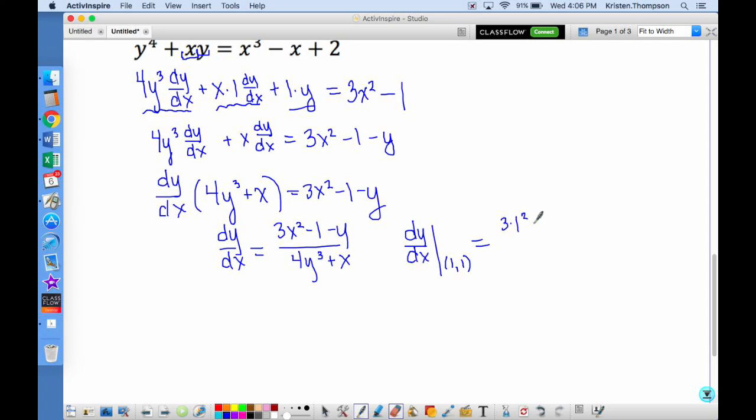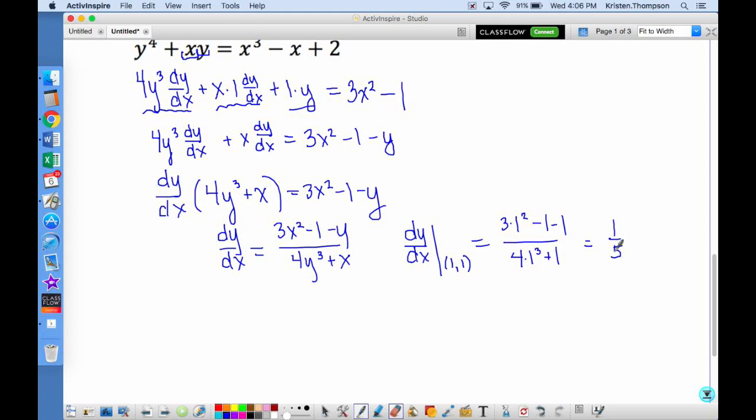3 times 1 squared minus 1 all over 4 times 1 to the third plus 1. Evaluating and simplifying, we end up getting 1/5. This gives us our slope value, and our point was actually already given to us.